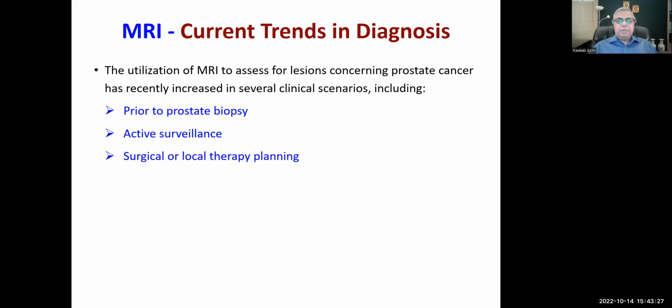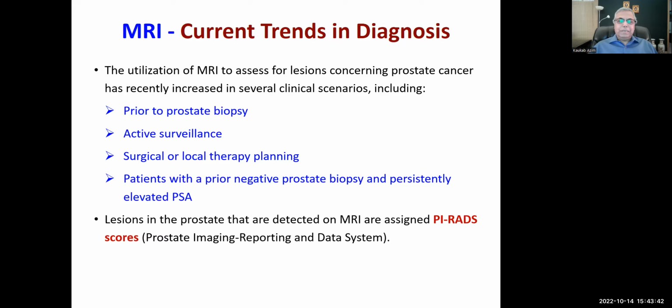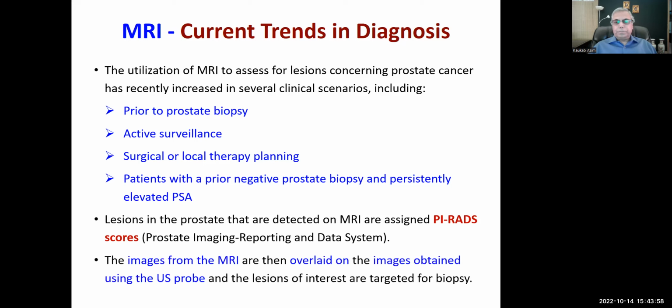Then to make a decision of surgical or local therapy planning, and in patients with prior negative prostate biopsy and persistently elevated prostate-specific antigen. So these are the uses of MRI, and lesions in the prostate that are detected on MRI are assigned PI-RADS scores, which is done, of course, by the radiologist. PI-RADS stands for Prostate Imaging Reporting and Data System.